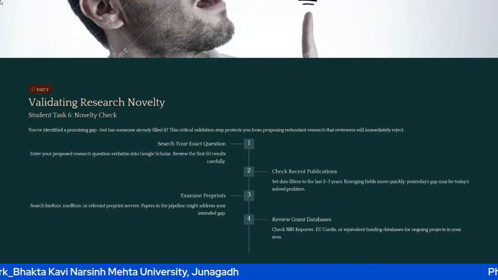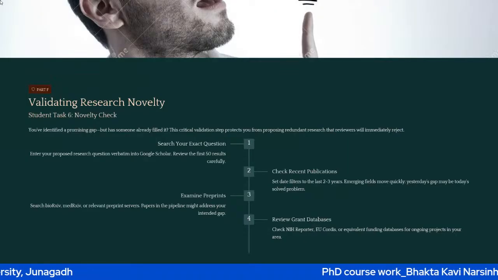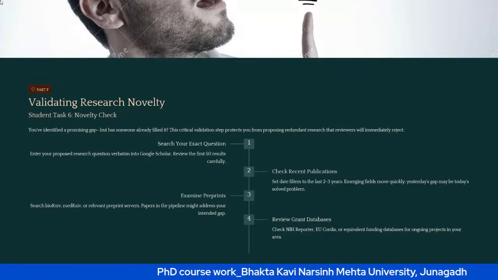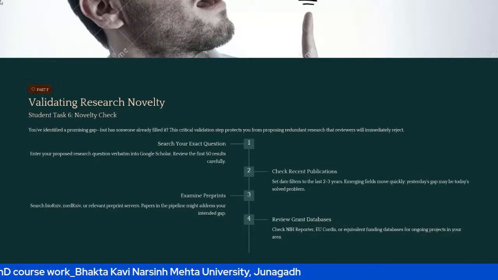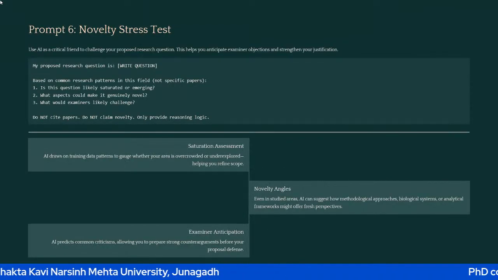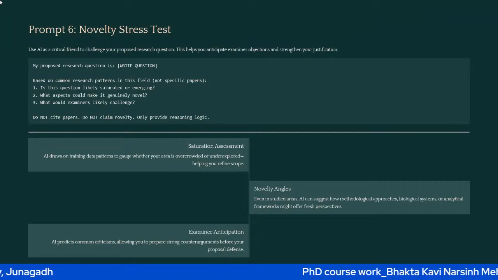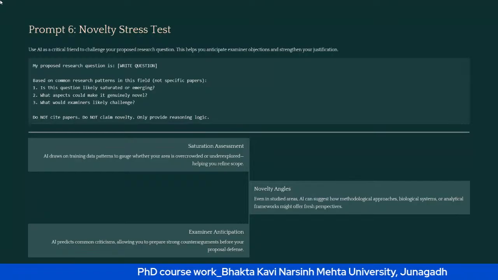Now after that, whatever things are coming, you will also go through the process to validate the research novelty. Whatever promising gap you find out, you can generate one paragraph from that, and then you can ask whether these things are novel or not. This is known as the novelty stress test. So you can say, this is my proposed research question, and write down the detailed research question you synthesized from this.